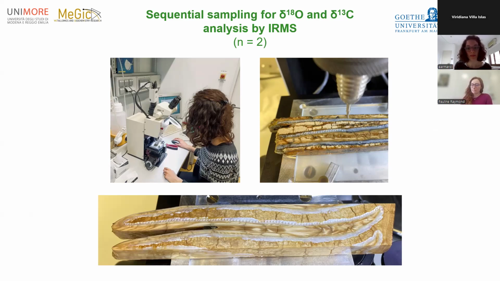I performed micro drilling using a very small tip, but of course it was not possible to reach the same spatial resolution as the strontium isotope analysis, but I followed the laser line for the sampling, and I was able to obtain more or less 70 enamel samples for one tooth and more than 90 for the other.